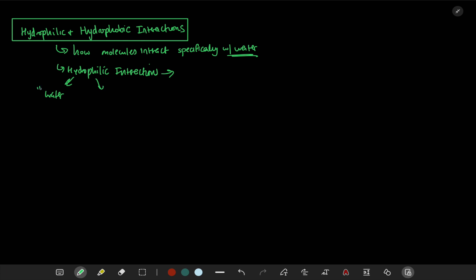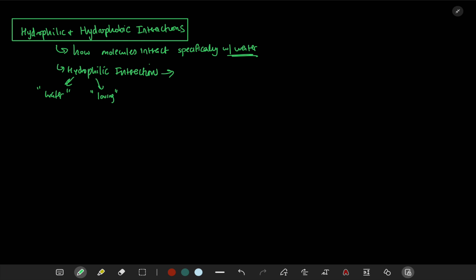Philic kind of means loving or liking, it's basically just the suffix. So hydrophilic interactions are essentially water-loving interactions. And what that means is that polar molecules can interact with water. Again, the reason that polar molecules can interact with water is because of the weak attractive forces due to those opposing partial charges.